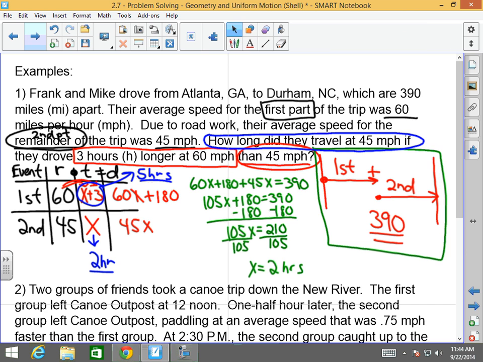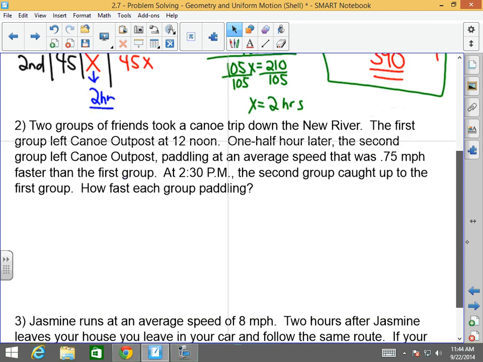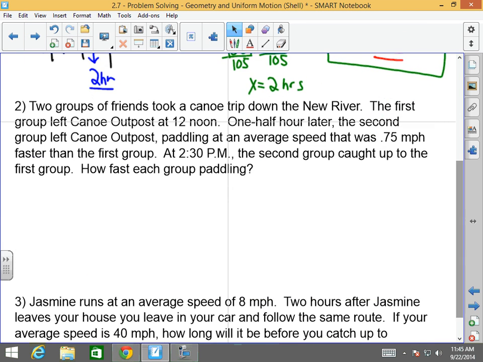Let's check out another one now. Number 2. 2 groups of friends took a canoe trip down the New River. The first group left Canoe Outpost at 12 noon. 1/2 hour later, the second group left Canoe Outpost, paddling at an average speed that was 0.75 miles per hour faster than the first group.